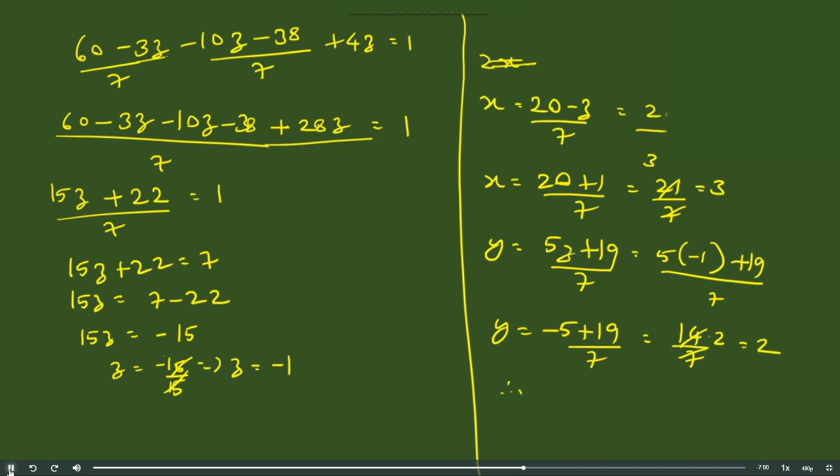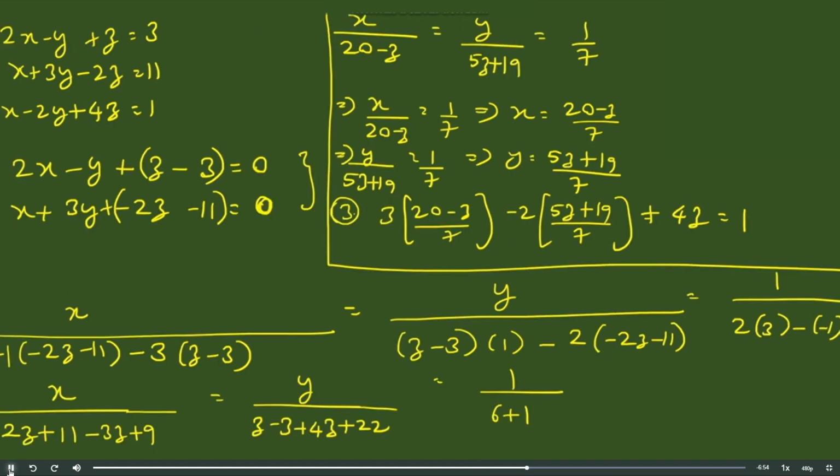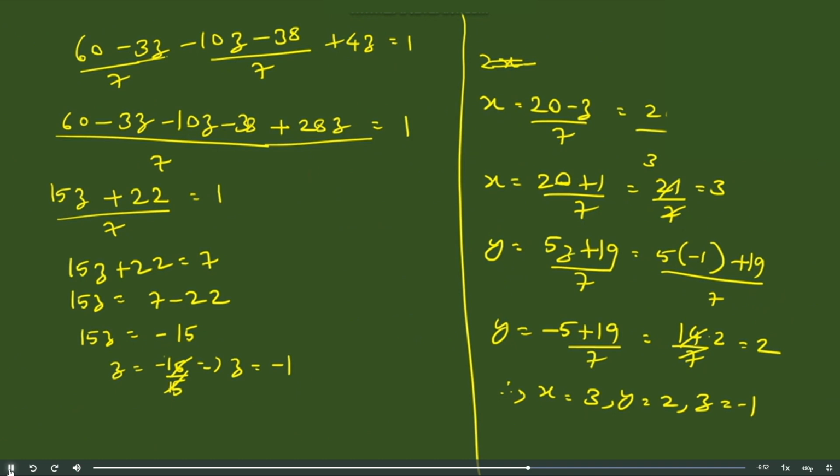Therefore, x is equal to 3, y is equal to 2, and z is equal to minus 1. This is the answer.